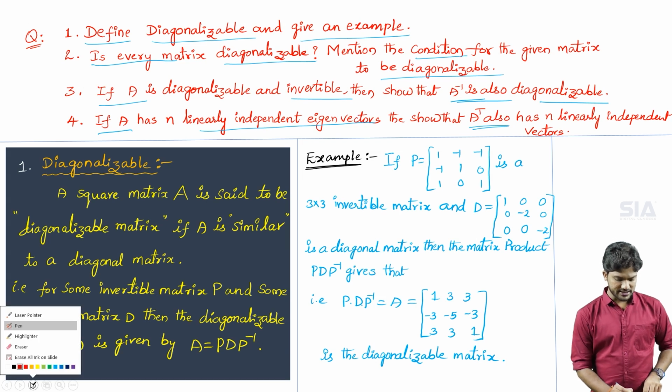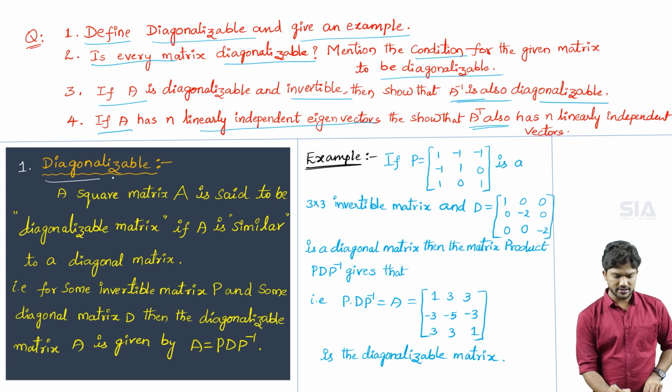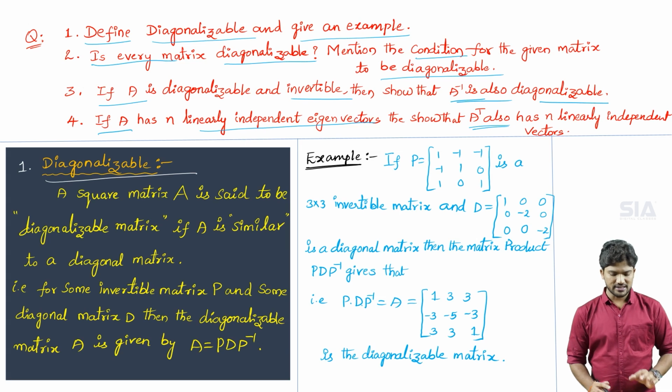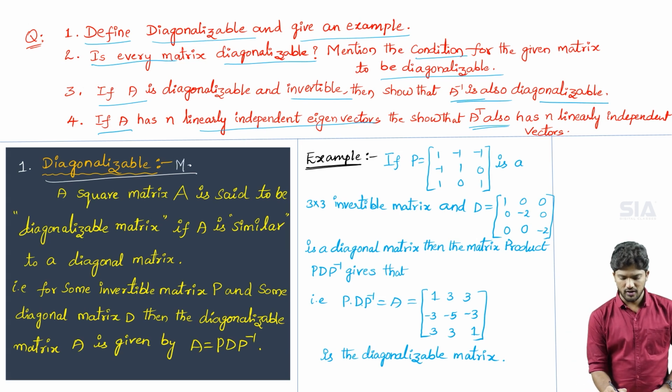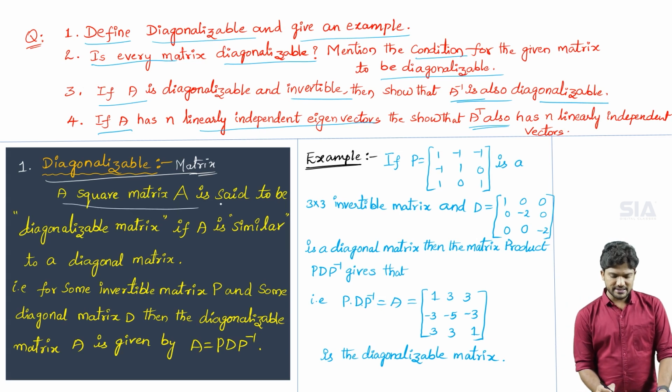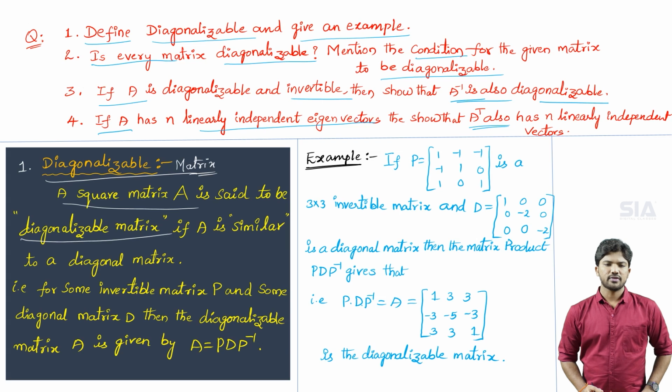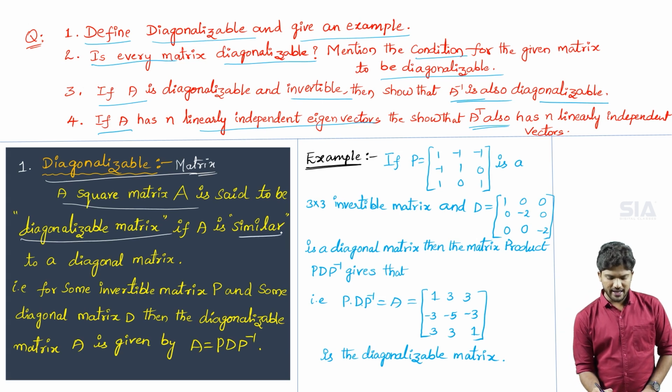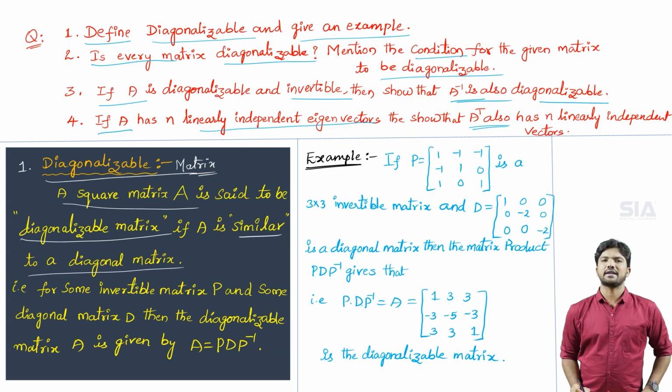First of all, we are going to discuss the diagonalizable matrix. Okay, diagonalizable, or you can also write diagonalizable matrix. A square matrix capital A is said to be a diagonalizable matrix if capital A is similar to a diagonal matrix.